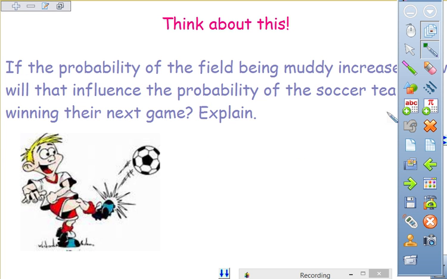So the question is asking us, if the probability of the field being muddy increases, how would that influence the probability of the soccer team winning their next game? I would say we played better in the mud. So the higher the probability for the mud, the more likely we are going to be to win.